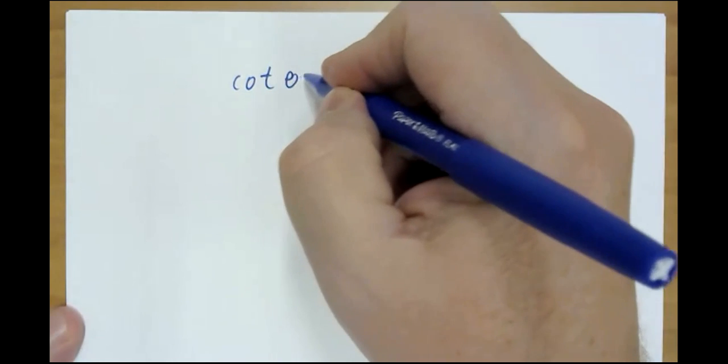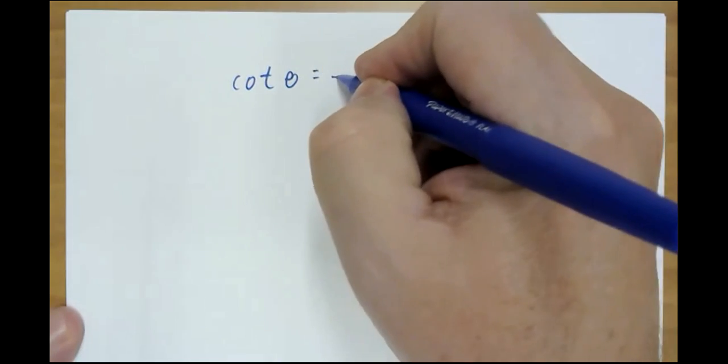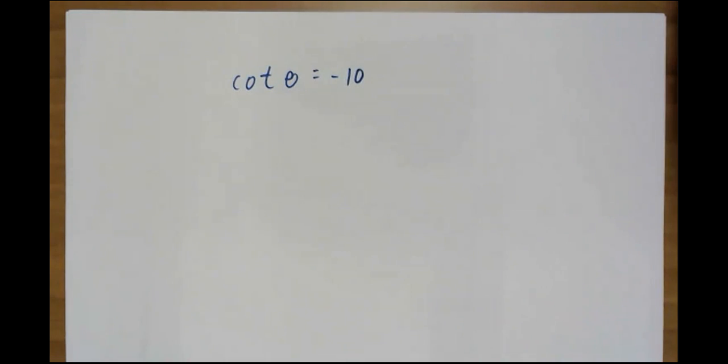Cotangent of theta equals -10. I'm trying to think about this because I want to do a certain kind of problem. All right.